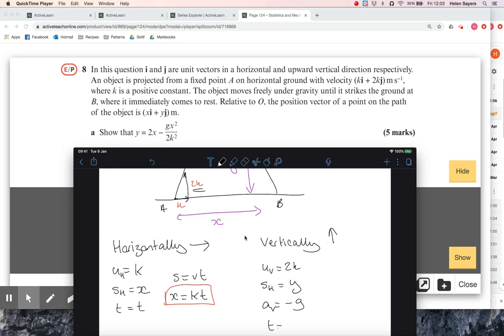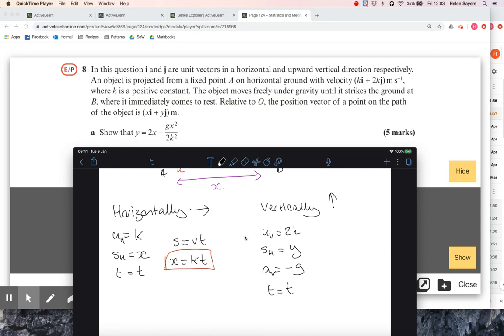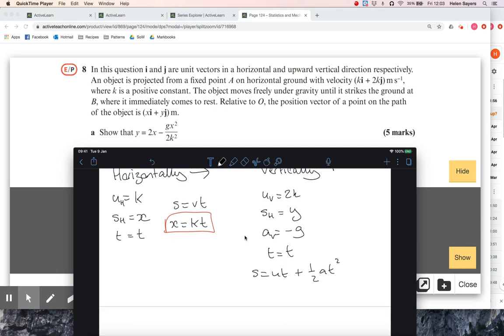And we're just going to call the time t. So I'm going to use s equals ut plus a half at squared. So s we're calling y, u is 2k, t is just t, a half a, well, a is minus g, so that's going to be minus a half g t squared.